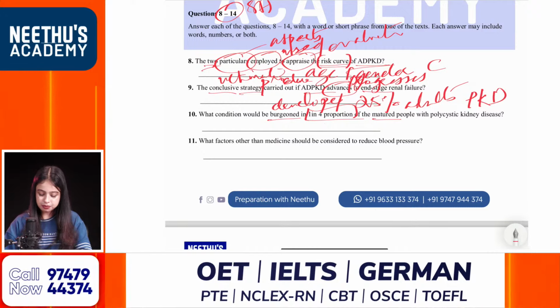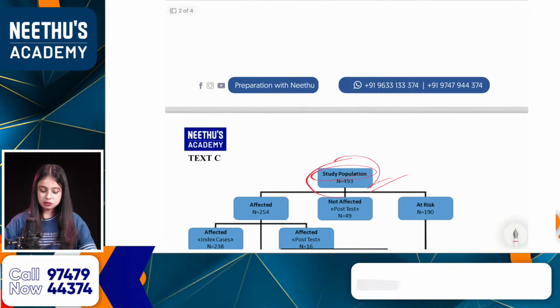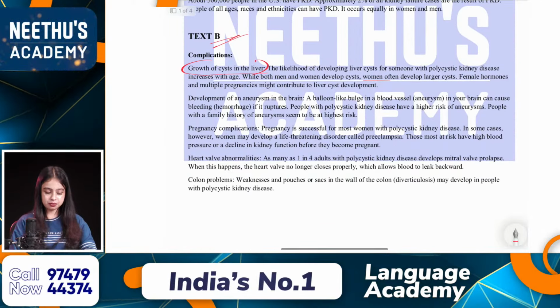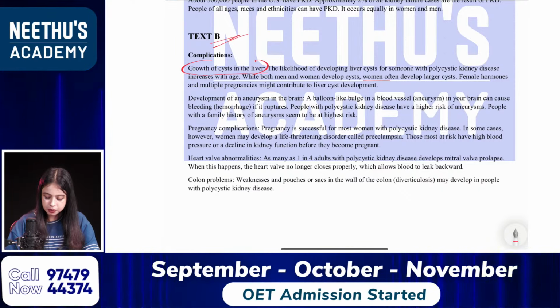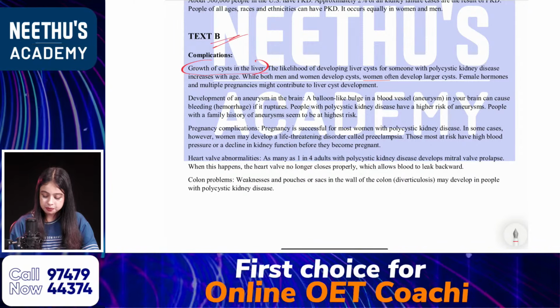So what is the condition? Was it difficult? Okay, so the answer is from here in text B. What is mentioned here?